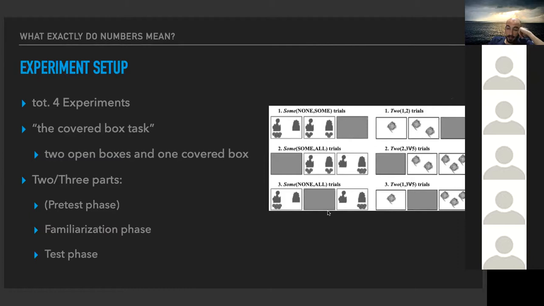Yeah. So the critical one here is the one in which you violate the implicature with some, right? The critical sentence would be Cookie Monster has some of the cookies. And so you see in the second box, Cookie Monster has some but not all of the cookies.